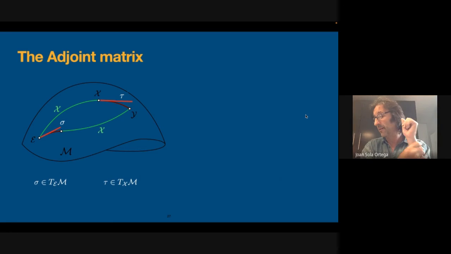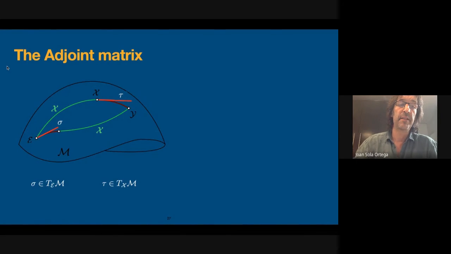Now, using this plus operator, let me introduce a concept that looks a bit disconnected from everything else, because it is a less intuitive entity. So I will not explain it in the same way, but it's an object that is very, very interesting.